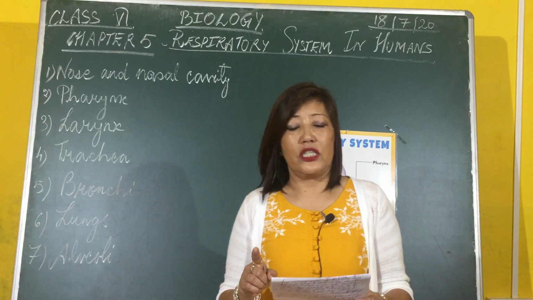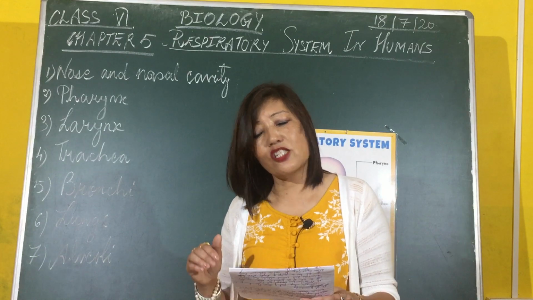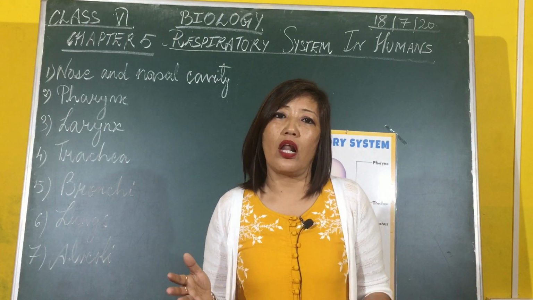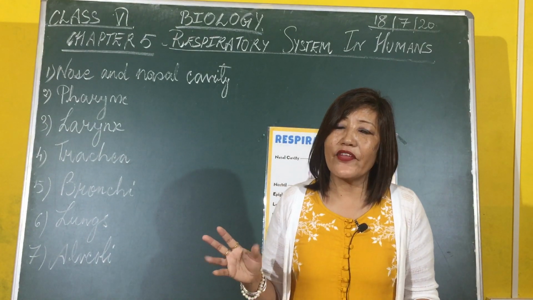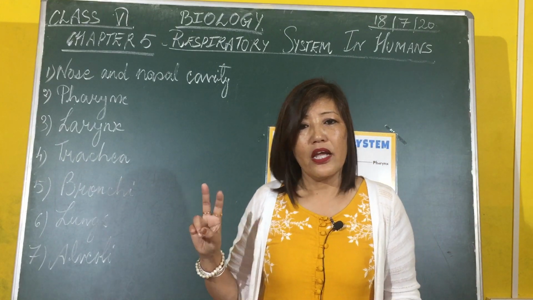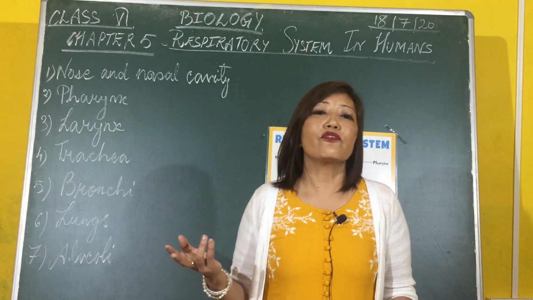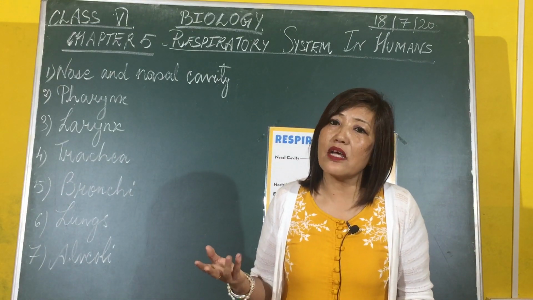Then the next question, in which respiration is glucose oxidized to produce ethyl alcohol? Now you have already learned there are two types of respiration, aerobic and anaerobic. Aerobic respiration takes place in presence of oxygen, anaerobic respiration takes place in absence of oxygen.